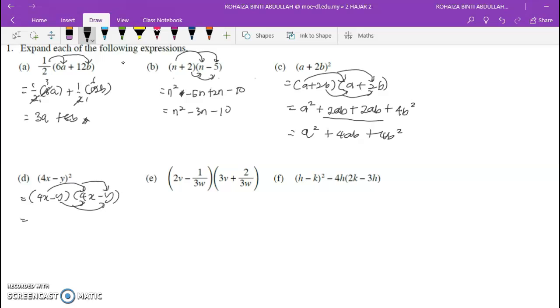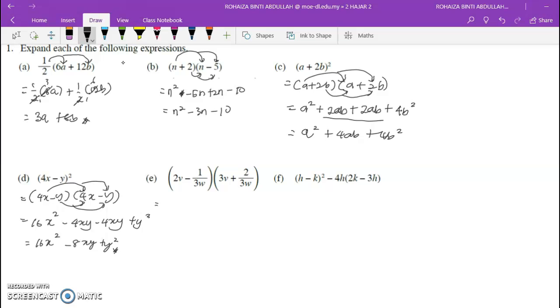So multiply 4x and 4x, 16x square. 4x multiply negative y, negative 4xy. Negative y multiply 4x, negative 4xy. Negative y multiply negative y, positive y square. So we got here 16x square minus 8xy plus y square.